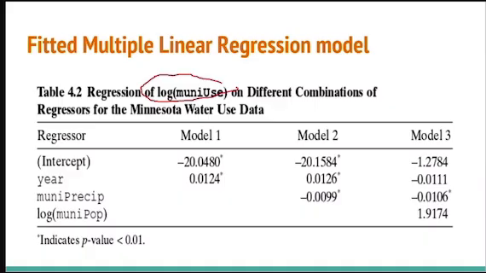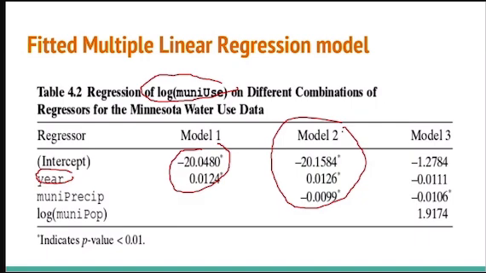When I use the first model, I'm only looking into the effect of year, because we believe that as years go on, there's a possibility the use of water increases. In model two, in addition to year, we're also considering the municipal precipitation.